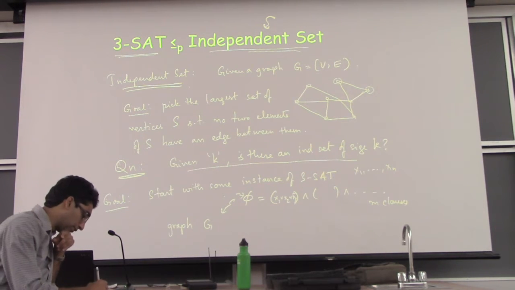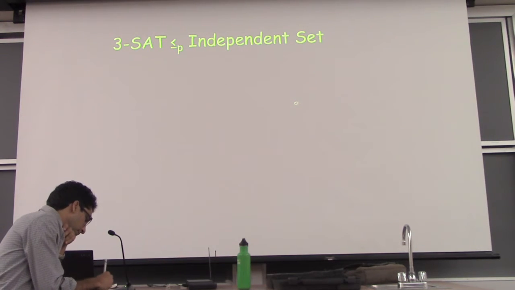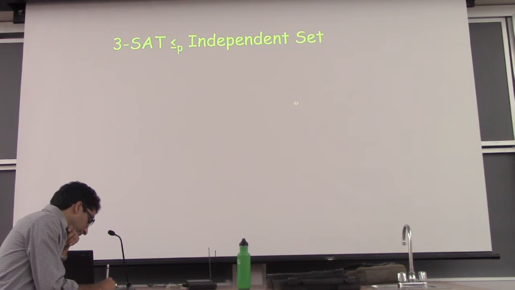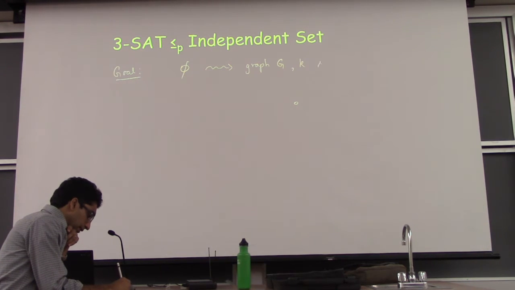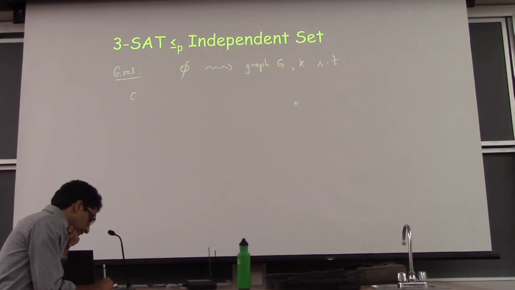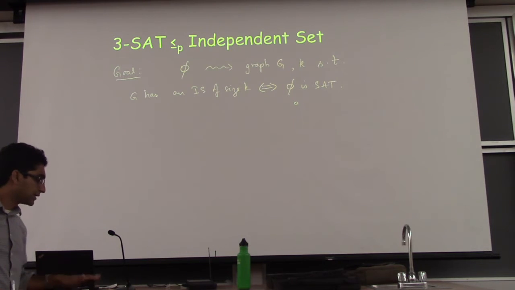So you want to go from the formula phi to a graph G, such that G has an independent set of size k if and only if phi is satisfiable. Is the goal clear?